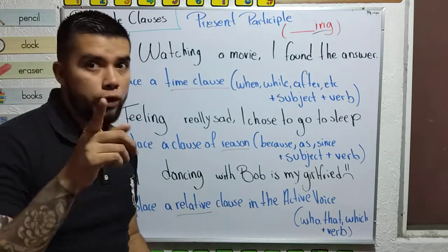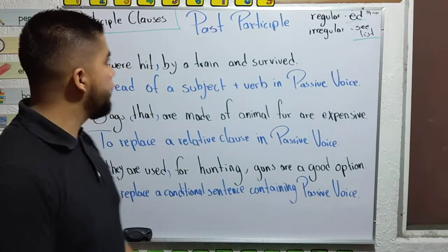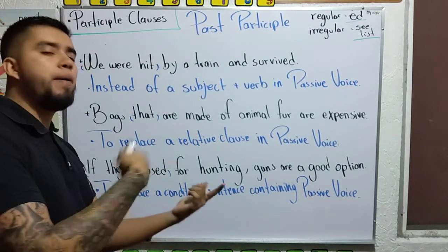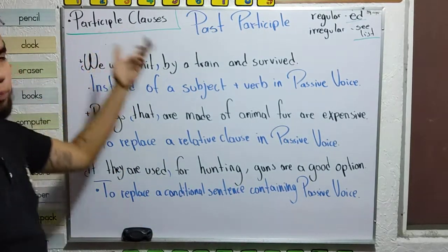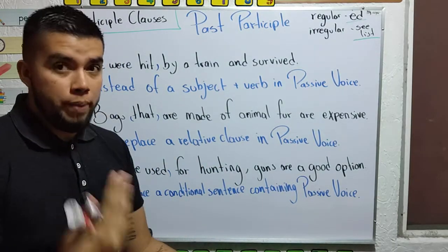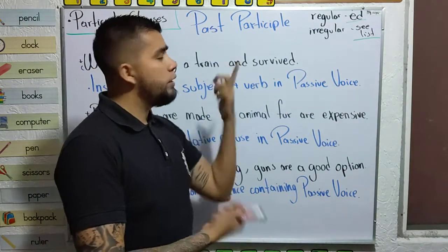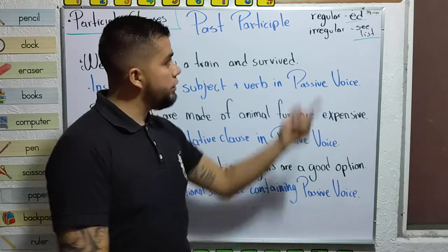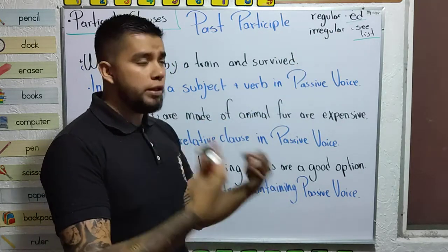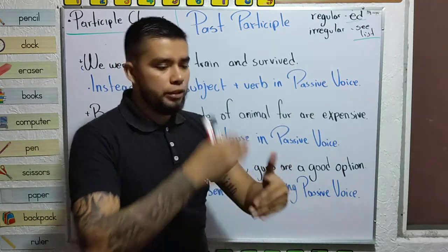Now, the participle form, but in past, of participle clauses. Remember that the past participle is divided into different forms: verbs that are regular with termination ed, walked, danced, wanted, etc., and irregular verbs that come in your list of verbs.